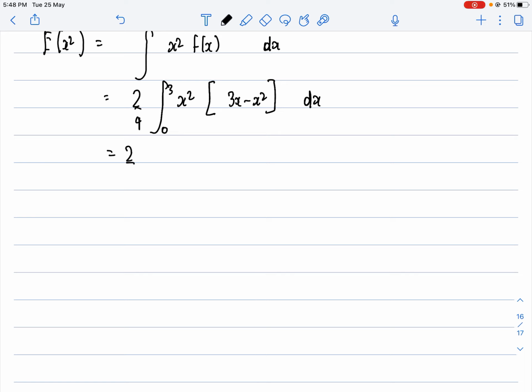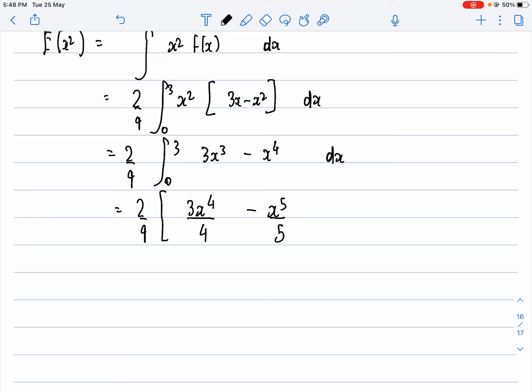So I can write this as 2 over 9, with the limits 0 to 3, with 3x cube minus x raised to 4 dx. So I can write this as 2 over 9, the integration of 3x cube is simply 3x raised to 4 over 4 minus x raised to 5 over 5, with the limits 0 and 3.